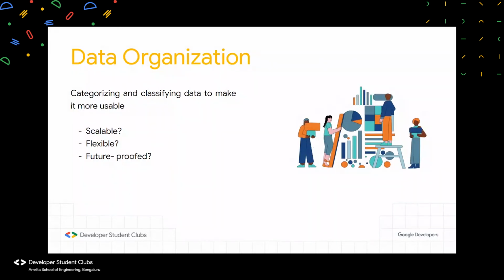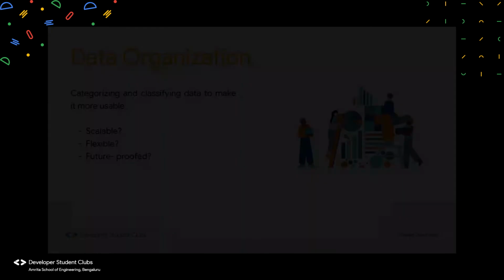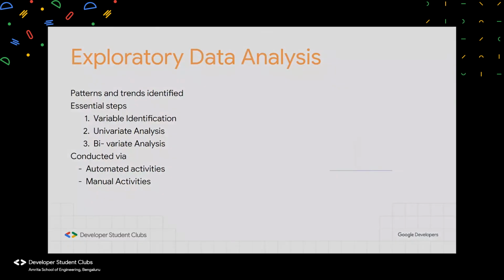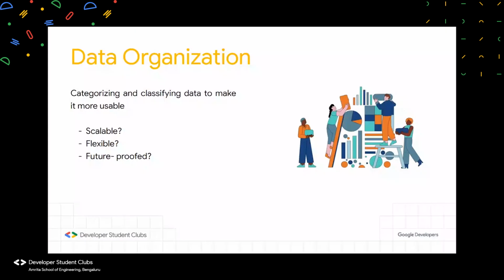Now the questions that should be answered here would be: one, is it scalable? Two, is it flexible and customizable? And three, is your application future proof? Which means as technologies keep getting better and better, would the data that you have used and organized be able to adapt to the ever changing technology?